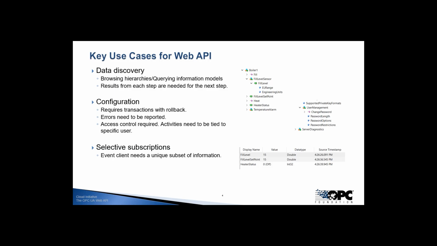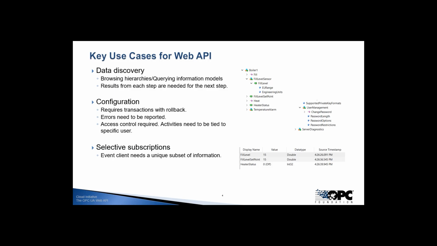You can't be allowing changes to the system unless you know who's making those changes. And you often need to log those changes and you need to tie those changes into specific users. That's very, very difficult to do with a PubSub environment with an MQTT broker. A web API is much more suited for those kinds of applications.